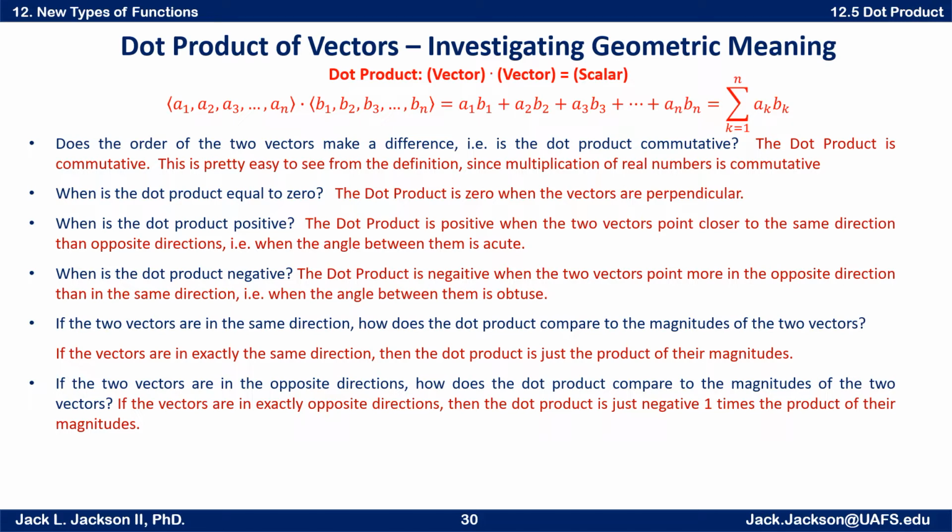Well, if they're in exactly opposite directions, then the dot product is just -1 times the product of their magnitudes. So if they're parallel, the same direction or opposite, the absolute value of the dot product is just the two magnitudes multiplied. But if they point the same direction, then that's positive, and if they point the opposite direction, that's negative.